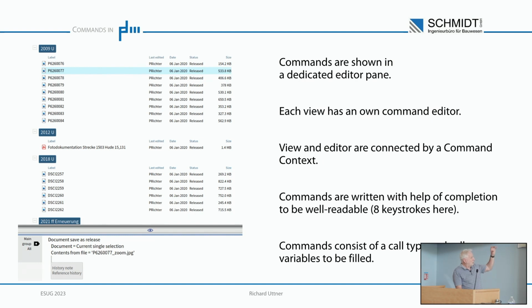And for a short first impression, let's sum it up like commands consist of a call type and call variables to be filled. So the effective execution of this command is executing the call type.